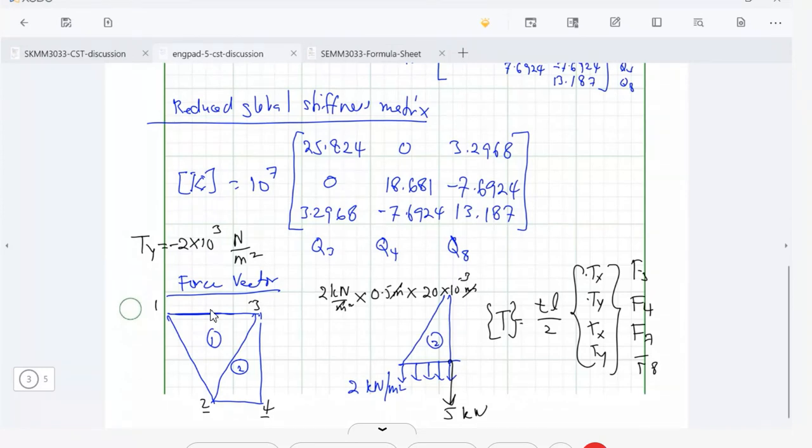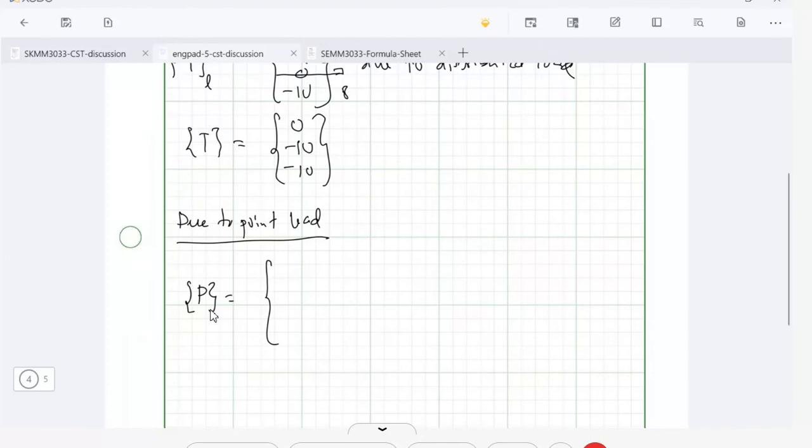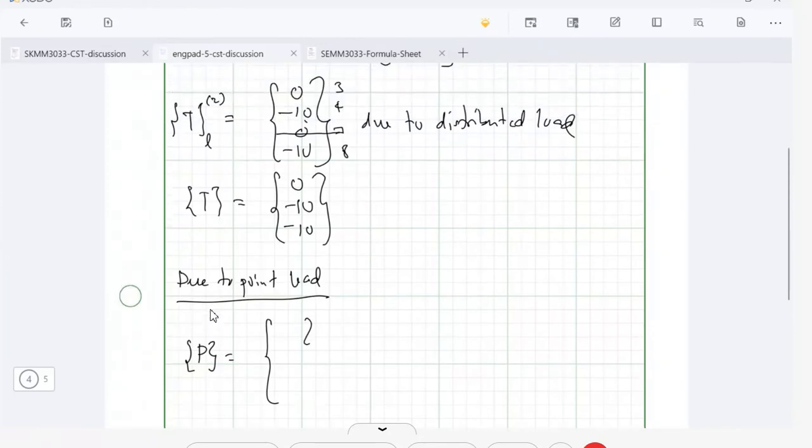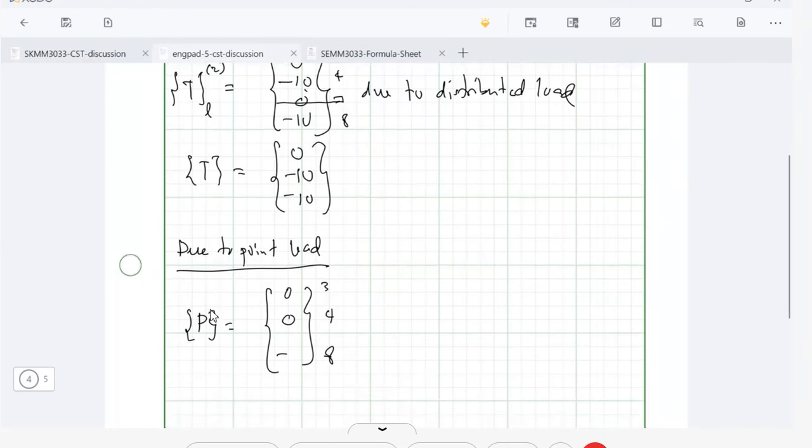So note that we are only inserting at this node, which is 3, 4, 8. 7 has the boundary condition of 0. So this is 0, 0, minus 5 kilonewton or 5,000. Okay, so this is due to point load.